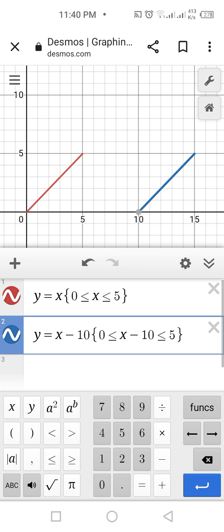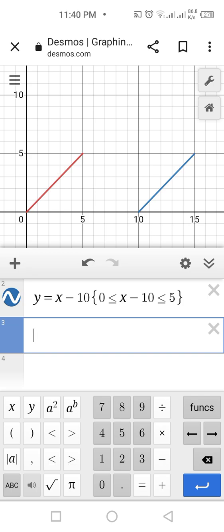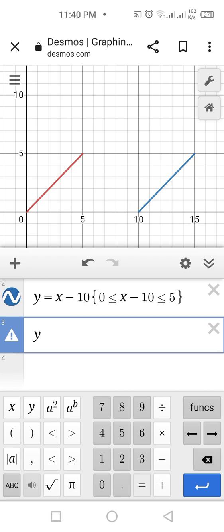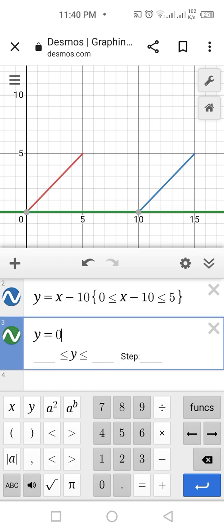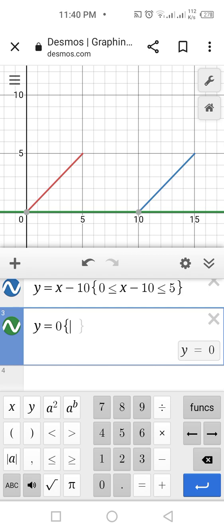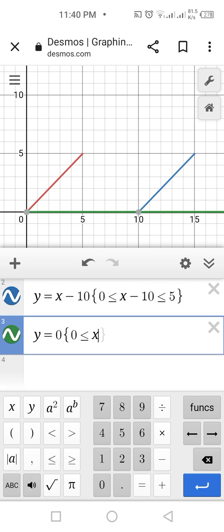Let's suppose I make the points here, the other line y equal to 0. So this is on the x-axis, and I write the parameters 0 less than or equal to x less than or equal to 10.